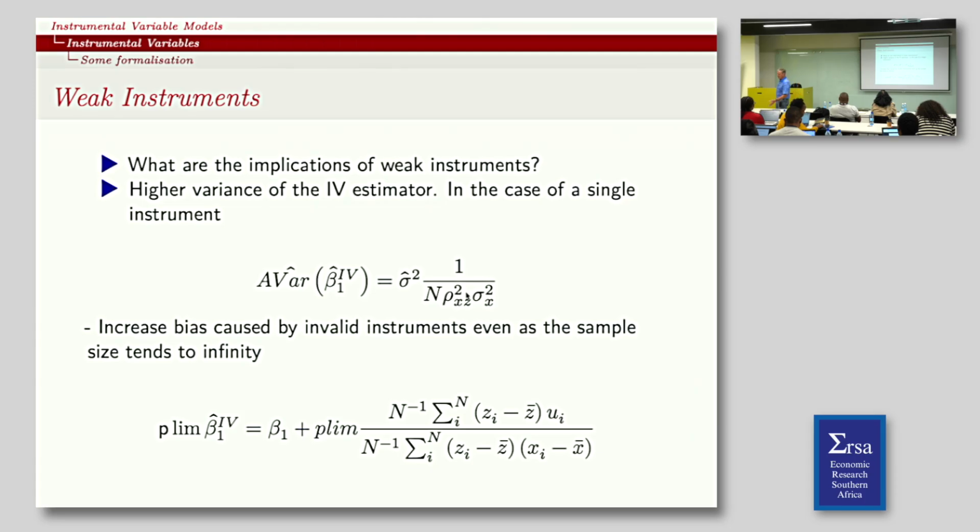So if you've got decent instruments, and I'm using that word loosely because how you define decent versus weak is not entirely obvious, then as the sample size gets bigger, we're in better shape. But if we have weak instruments, it doesn't matter if we get more and more data, we still have bias. It just doesn't go away.